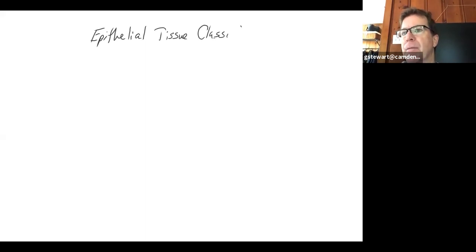Let's go to a new whiteboard. Now I'm going to talk about specific epithelial tissue classification. The last board was about characteristics. This is how we classify different epithelial tissues.